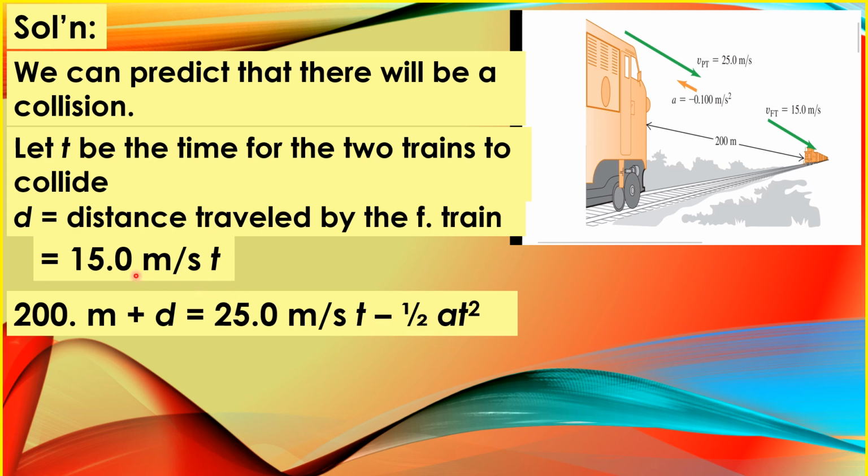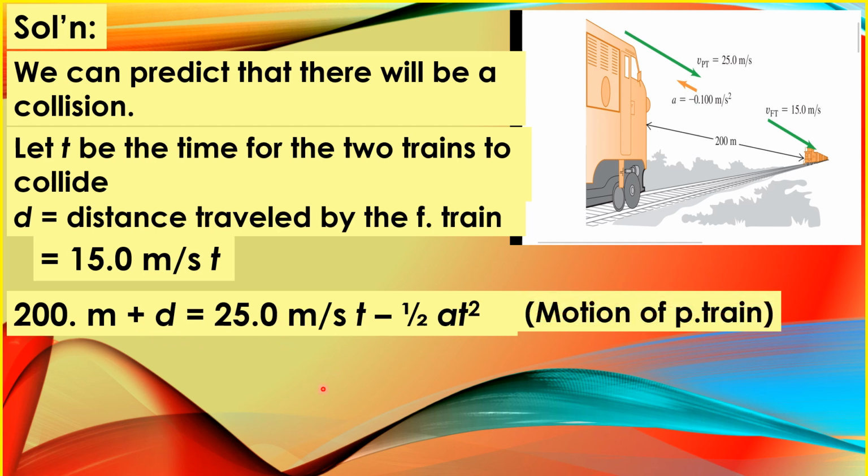But since we already expressed d as the product of 15.0 meters per second multiplied by that time t, we can just substitute that in this equation. So that is what we will now consider.